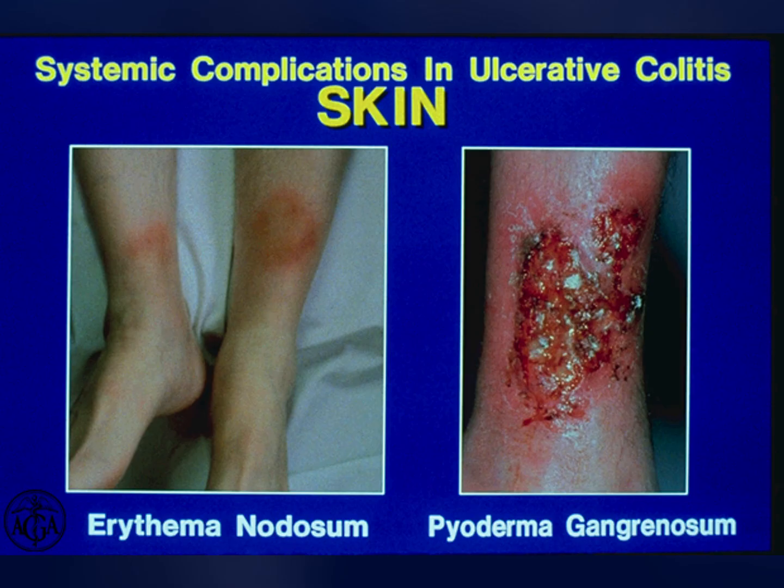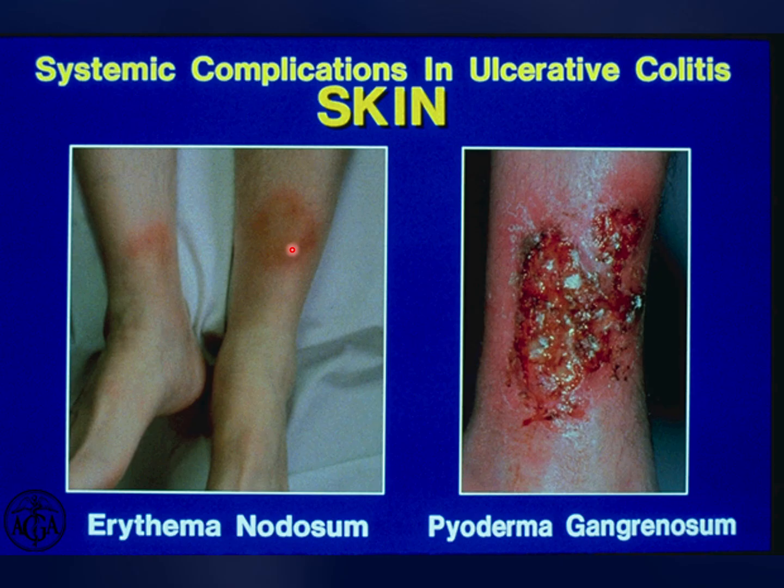This is an illustration of the skin extraintestinal manifestations related to IBD. To the left, you have erythema nodosum, which has really painful nodules on the anterior extensor surfaces of the lower limbs, and usually these painful nodules start by being red and evolve like an ecchymosis.